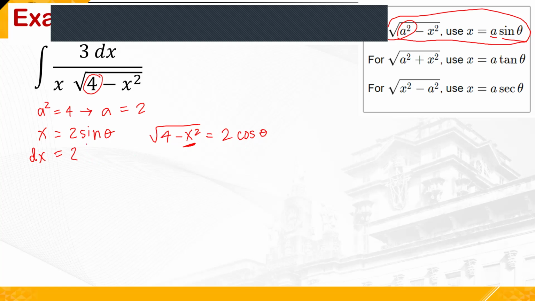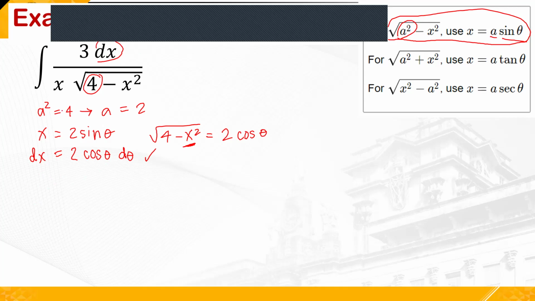Tapos, if you differentiate both sides of this, that was 2 cosine theta d theta. You can always go back to the previous slides, yung pinapicturan ko sa inyo para balikan kung paano natin nakuha itong mga to. Okay? So, ayun. Using our Trigo substitution, the dx is what? Using this, that's 2 cosine theta d theta.